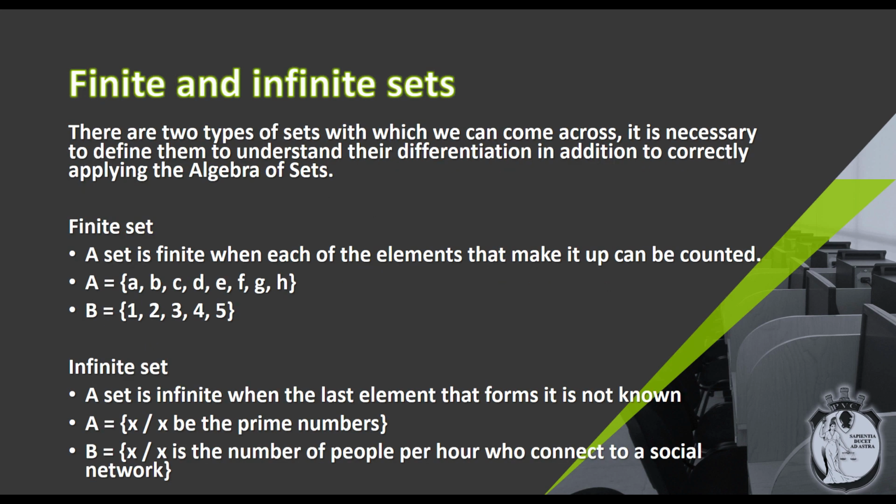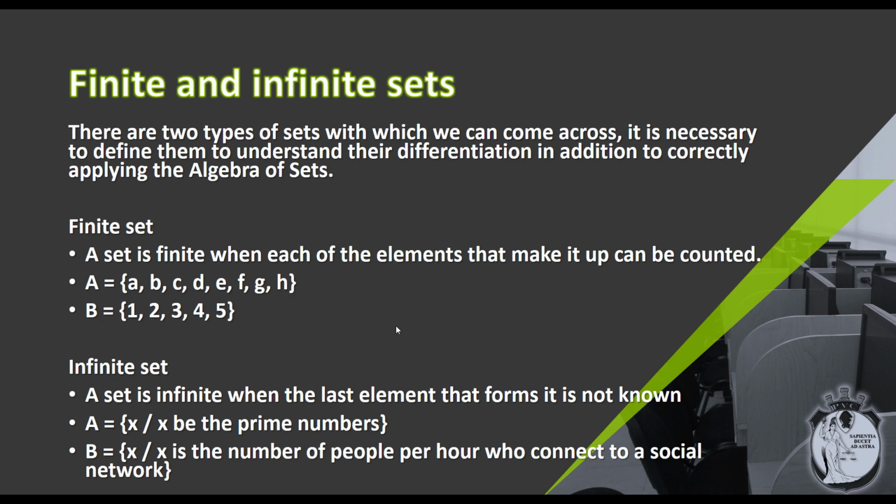Okay. Now we have two kinds of sets, finite and infinite sets. Okay, why? Because the finite set is a relatively short set. Yeah, for example, a finite set is when each of the elements can be counted. Okay, for example, here the set A equals A, B, C, D, E, F, G, H. Okay, the set B equals 1, 2, 3, 4, 5.